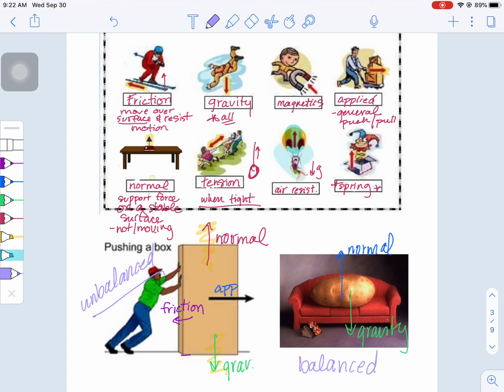Okay, I would not put on friction or applied because there's no objects putting that push or pull on the couch or the potato. I could also point out normal and gravity for both the book there and the couch on the floor. Again, every object has those interactions all the time.